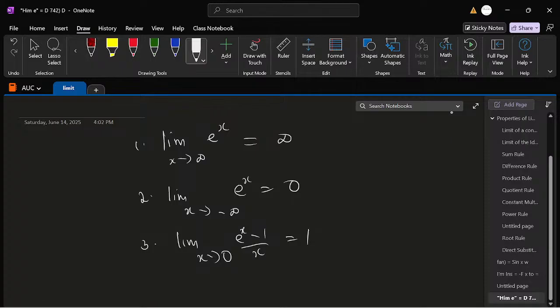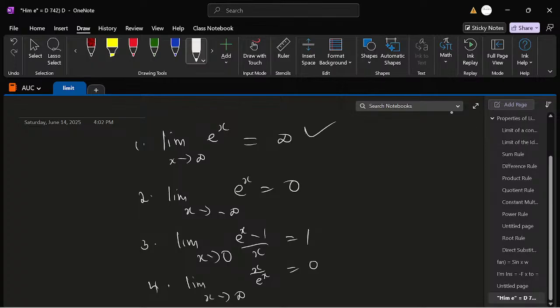And finally, I have the fourth one. So I think I can manage the space here. The fourth one, the limit as x approaches infinity of x over exponential x will be equal to 0. So let's take note of this.